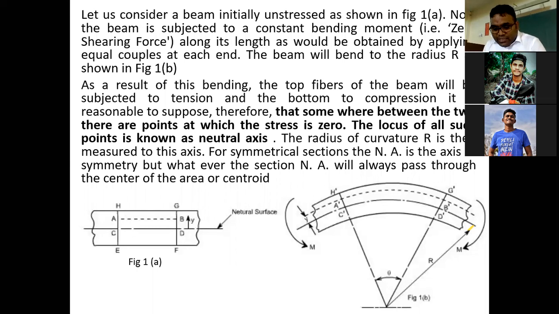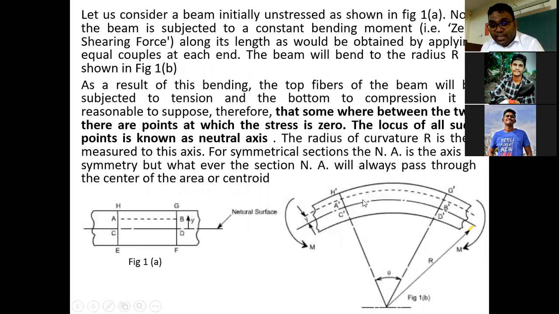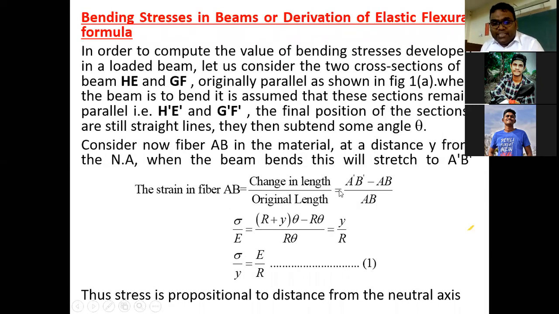Here the change in dimension is a length, so change in length upon original length. What will be the change in length? It is A dash B dash minus AB upon AB. That is the strain formula.